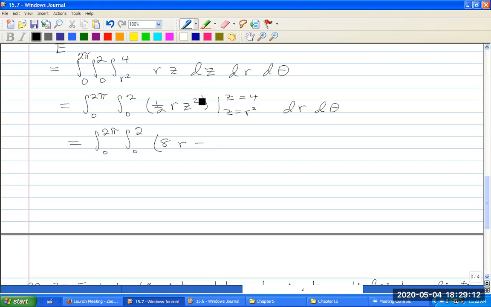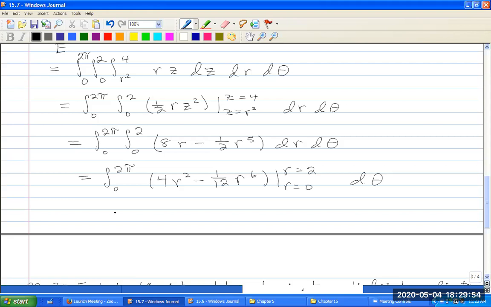Well, r squared squared is r to the fourth, times r is r to the fifth. And so now let's just integrate this with respect to r. So this is equal to the integral 0 to 2 pi of 4r squared minus 1/12 r to the sixth, from r equaling 0 to r equaling 2, d theta.